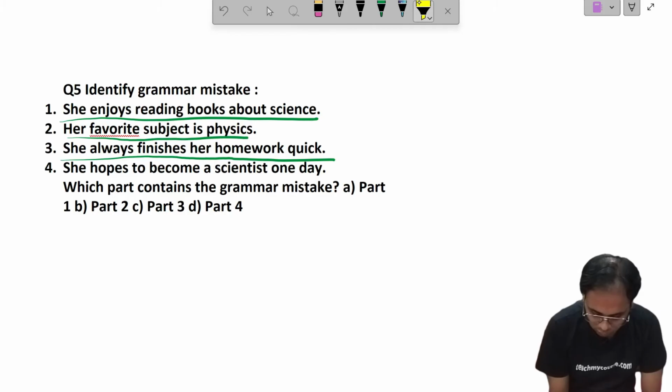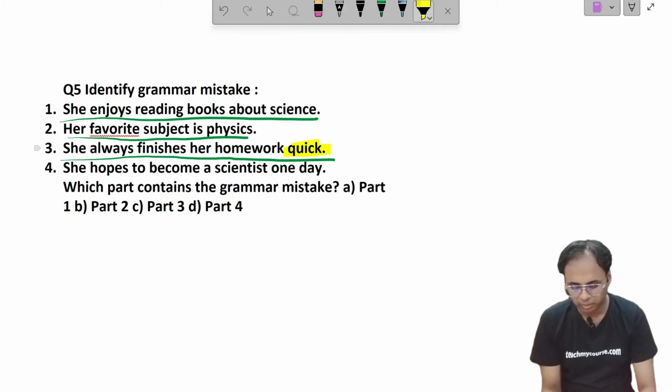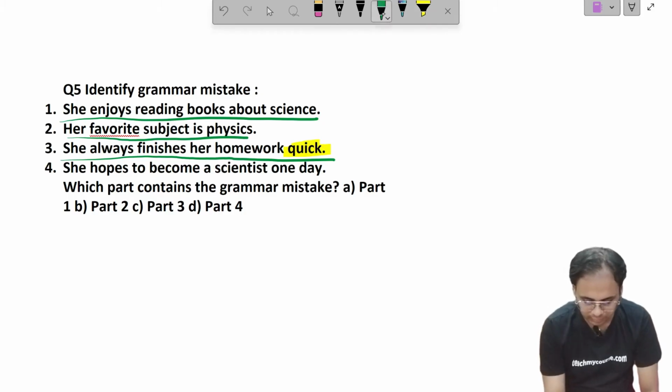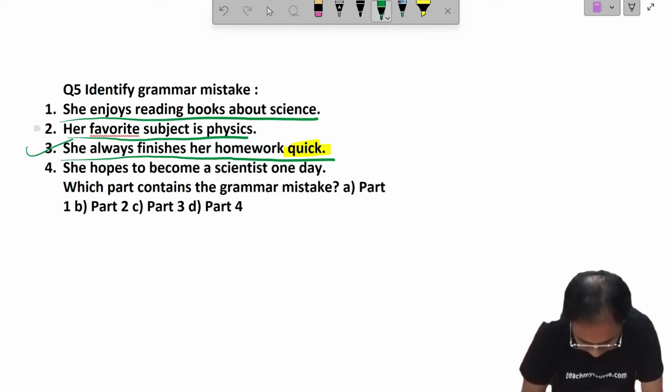Next is she hopes to become a scientist one day. That is also right. So as per my understanding, this part 3 has the mistake. So part 3 is the answer.